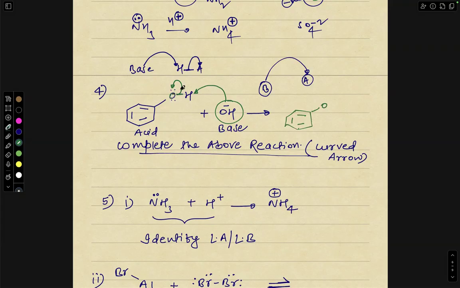Now the oxygen has the head of the arrow, and the head of an arrow means negative, so this oxygen is negatively charged. And this base OH minus is going to grab a proton, so it would become H2O. Clear? So this is my Bronsted acid. This is my Bronsted base. This is formed by the loss of a proton, so conjugate base, and this is formed by the addition of a proton, so conjugate acid. It makes sense?